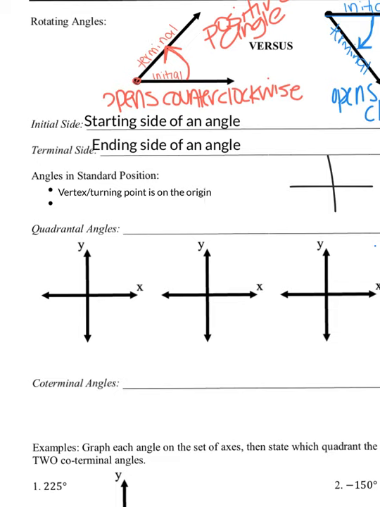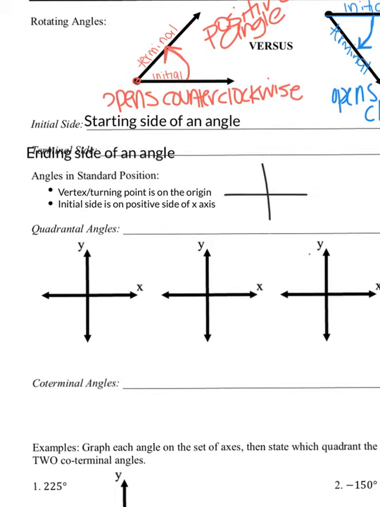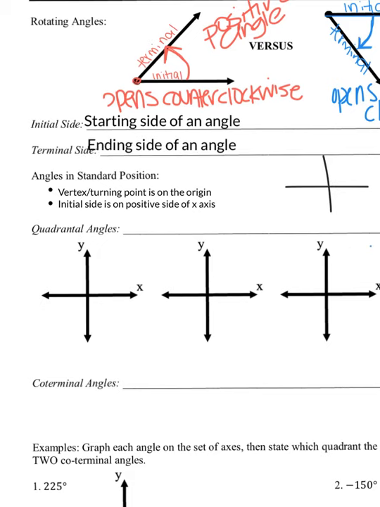And then the other thing for it to be in standard position, the initial side, so where you start, is on the positive side of the x-axis. Okay, so if we just look at what I just drew over here for a second, on the right, you have these axes.